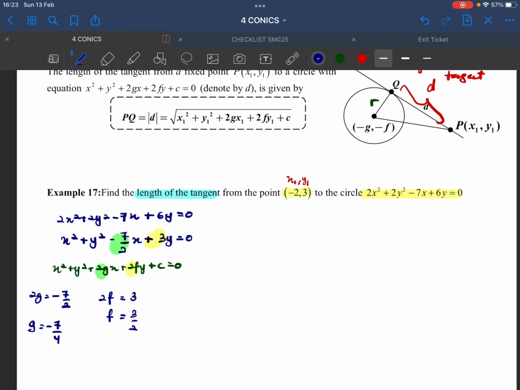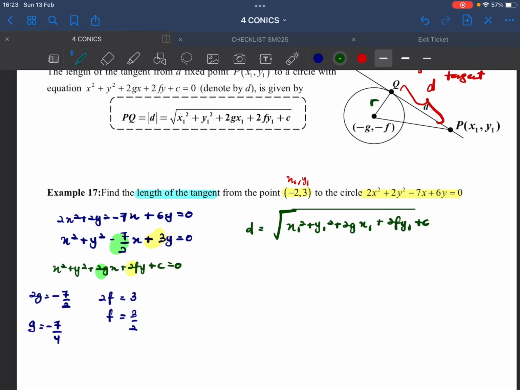So just substitute everything into the formula. We have d equals to, let's write the formula first, square root of x1 squared plus y1 squared plus 2g x1 plus 2f y1 plus c.